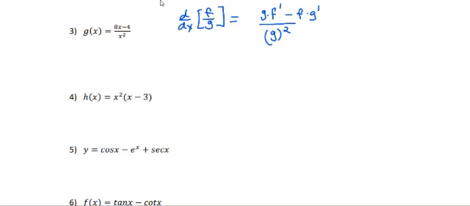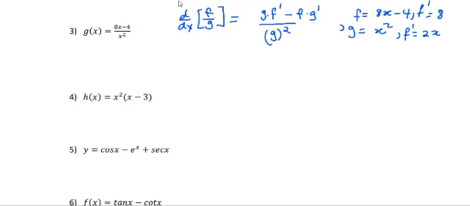In this case, our g is x squared, and our f is 8x minus 4. So the derivative of g is 2x, and the derivative of f, so f prime, is just 8.